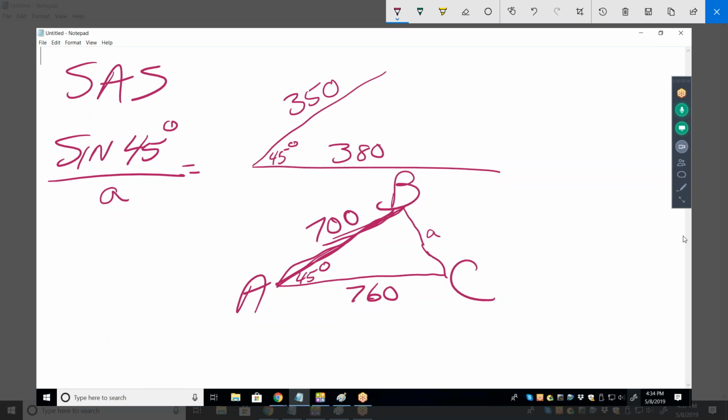Notice you can't find what it's equal to, because we're going to have two variables. It is equal to the sine of B over little b. But first of all, we don't know what angle B is. We know what little b is, but that still leaves us two variables. We cannot solve an equation that has two variables in it. So we cannot use the law of sines.